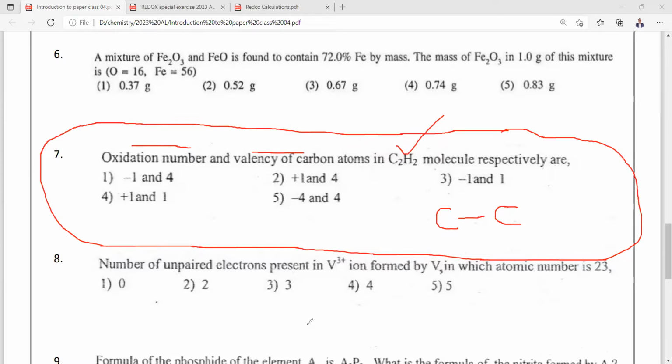So try to draw the molecule. Around carbon, valence is 4. Try to apply bonds until you are getting 4 bonds. Don't apply lone pairs. Carbon is a covalent molecule. Make bonds. Question number 7.